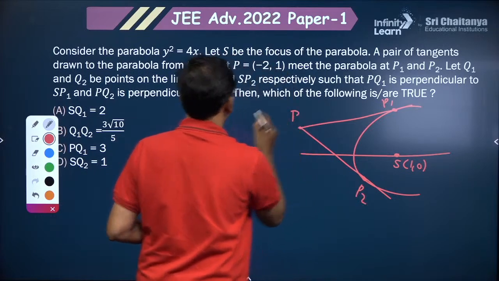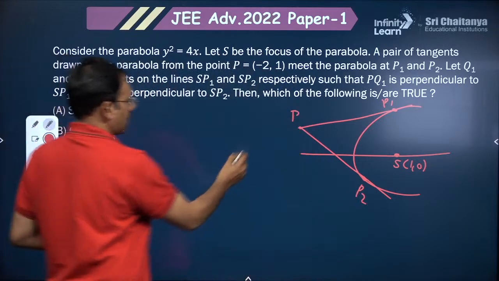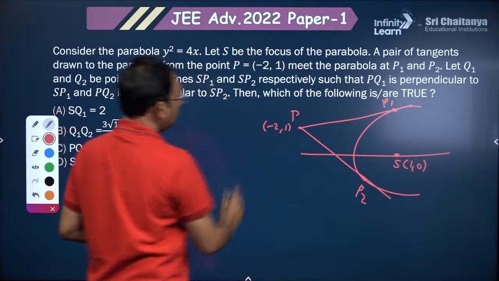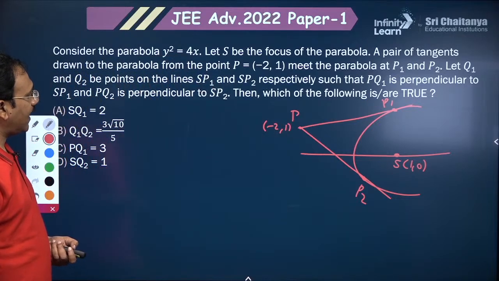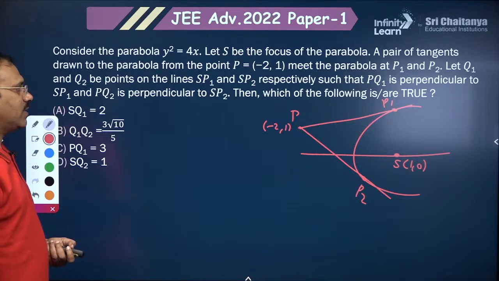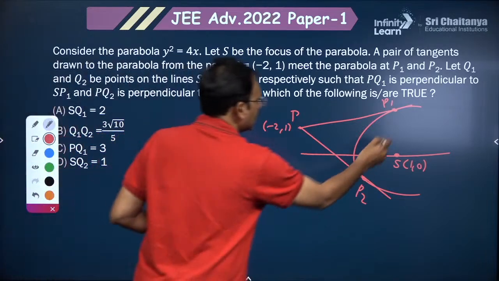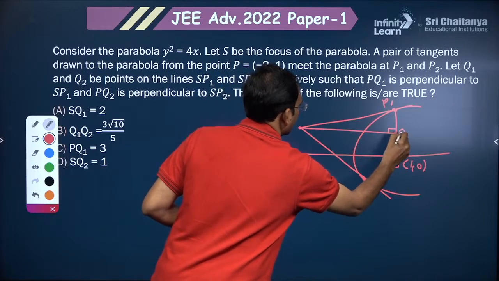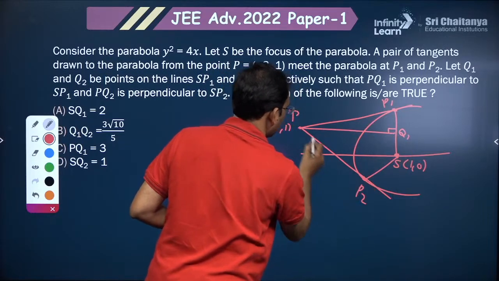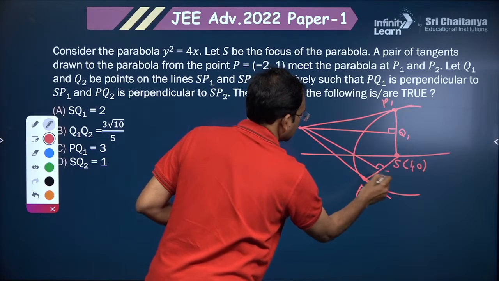This point is P, minus 2 comma 1. Now Q1, Q2 are points on the lines SP1 and SP2 respectively, such that PQ1 is perpendicular to this and PQ2 is perpendicular to this.